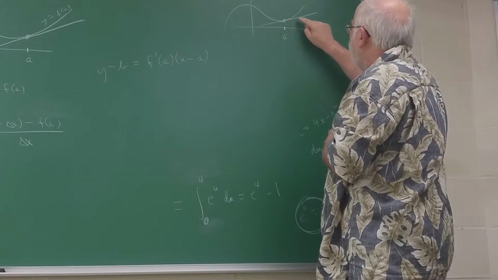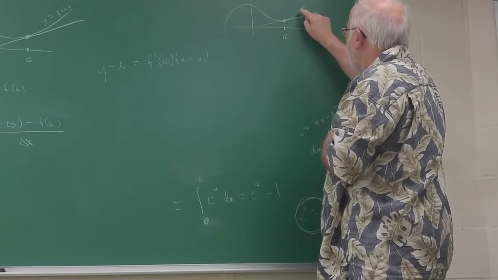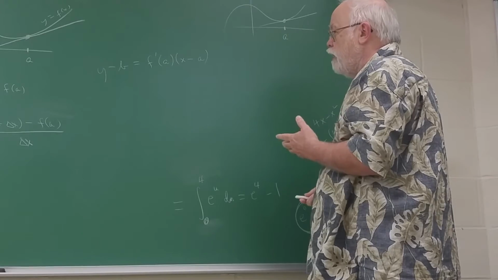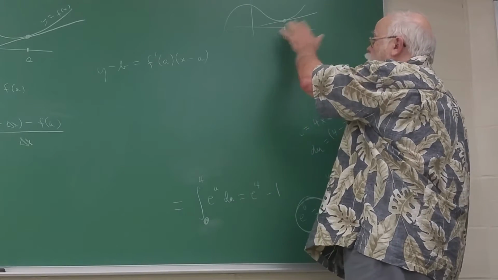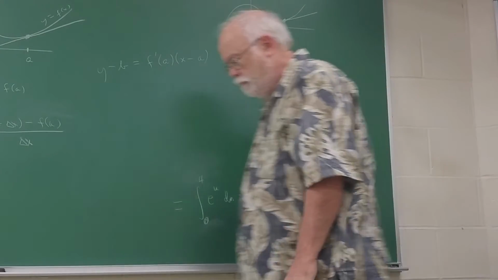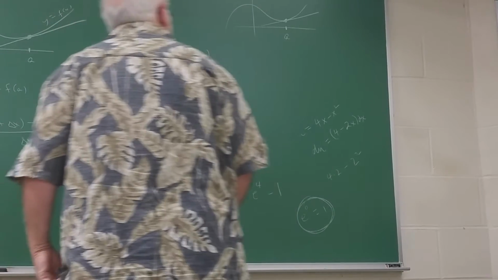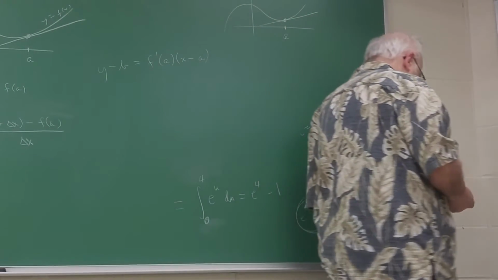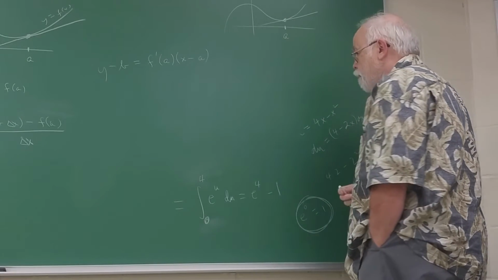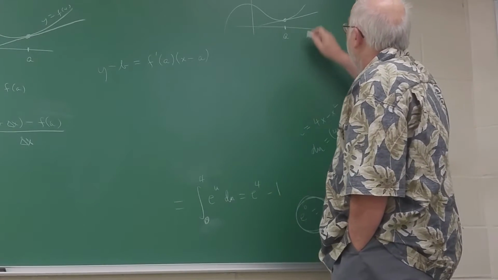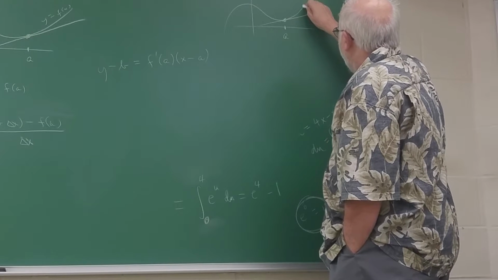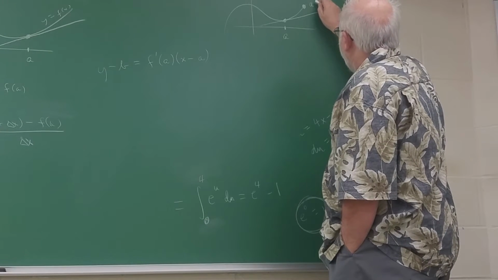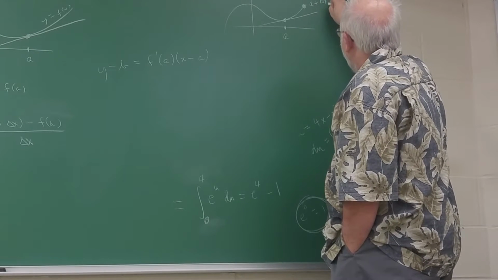Or along the tangent line, or along the curve? When I write delta x, am I going to go along the line or along the curve? Along the curve. Okay, what do you call it when you move along the line? Dx. Okay. So out here, this is going to be a plus delta x.